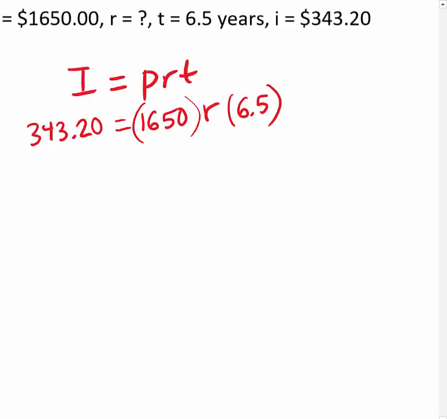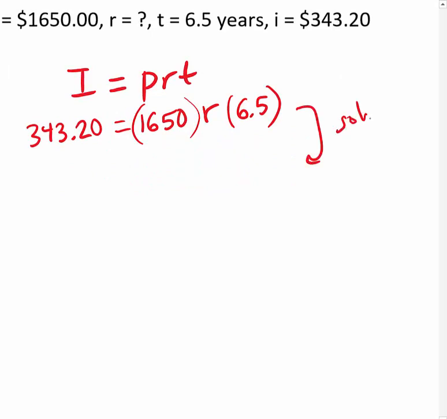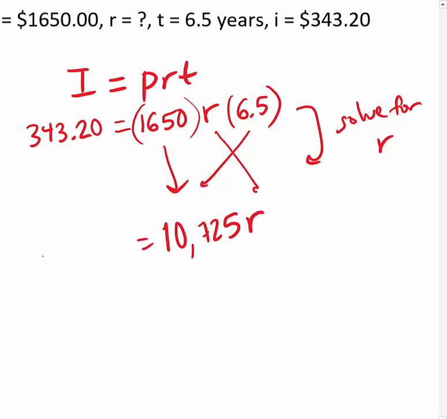So I'll solve this for R, but I might as well multiply these guys together first. 1650 times 6.5 is 10,725 times the R that we haven't talked about yet.